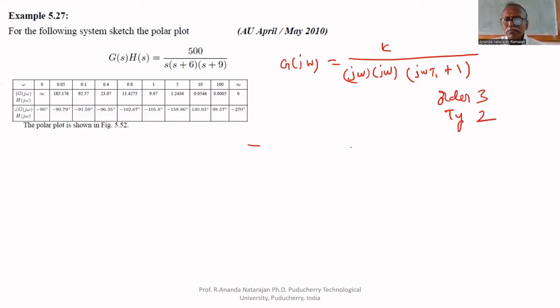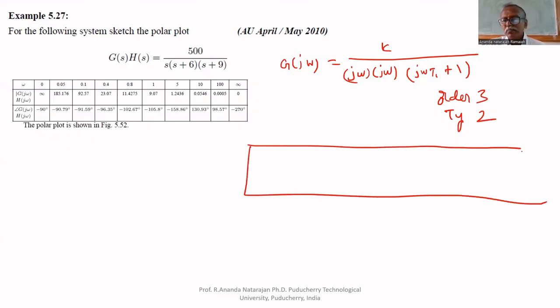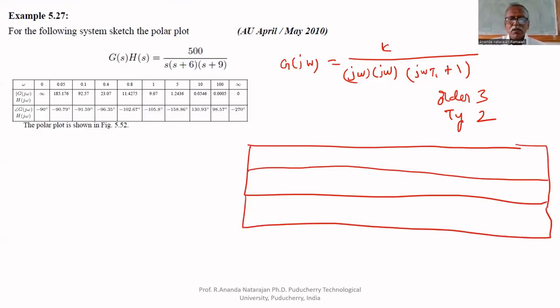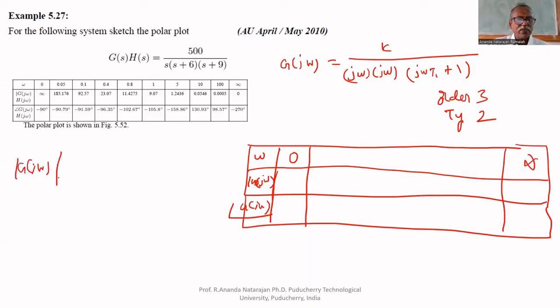Let us form the table with omega, modulus of G of j omega, and angle of G of j omega. The first value is 0 and the final value is infinity. The magnitude of G of j omega equals K upon omega square times the square root of omega square T1 square plus 1.